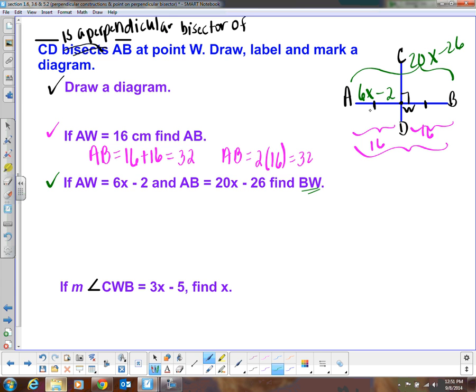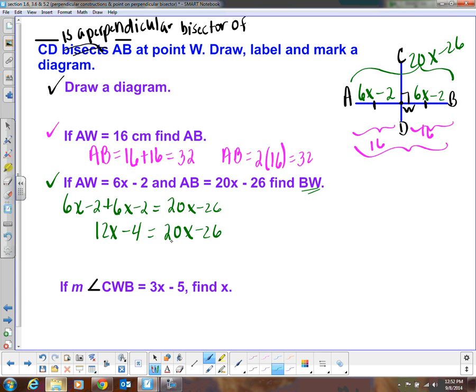It doesn't make sense. But if you see the tick marks, if this is 6x minus 2, that means that is 6x minus 2. So your equation would be 6x minus 2 plus 6x minus 2 is equal to 20x minus 26. Combining like terms, I have 12x minus 4 equals 20x minus 26.